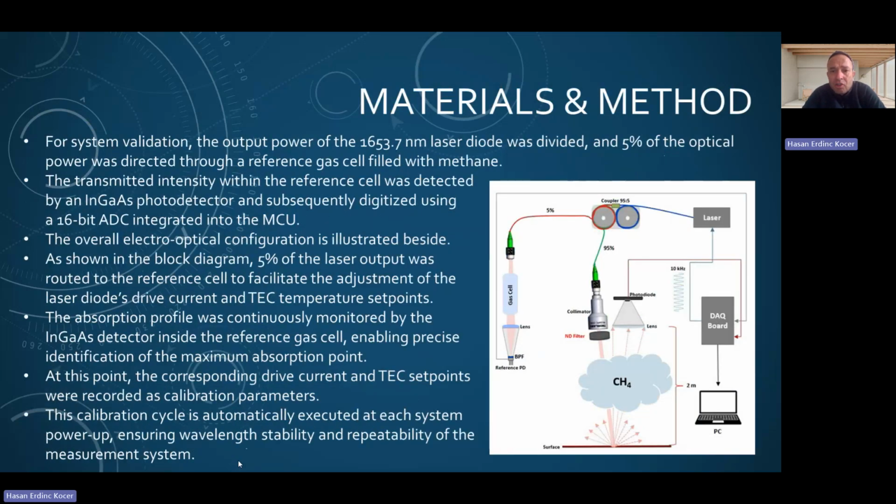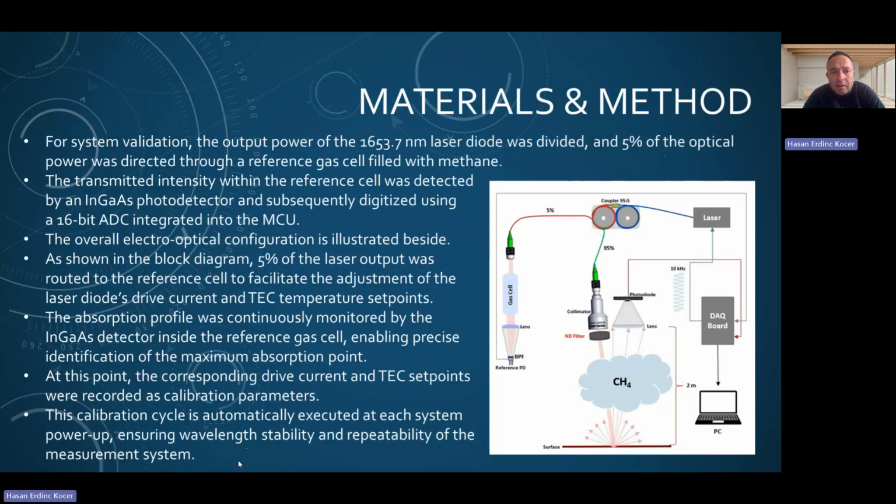For system validation, we used the output power of a 1653 nanometer laser diode, and it is divided to both systems. Optical power was directed through a reference gas cell filled with methane, as you can see from this figure.